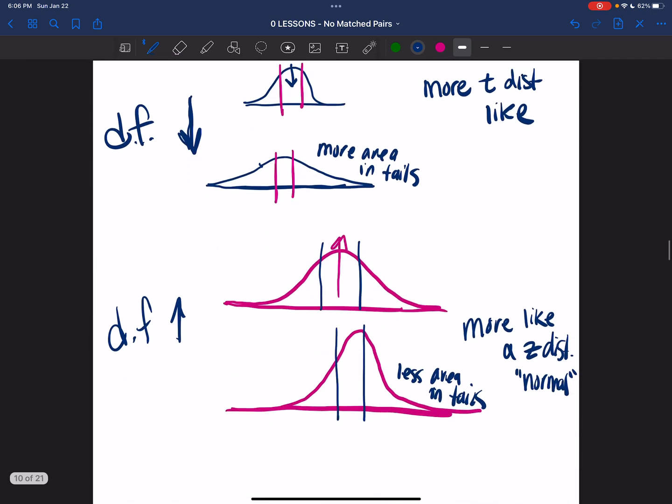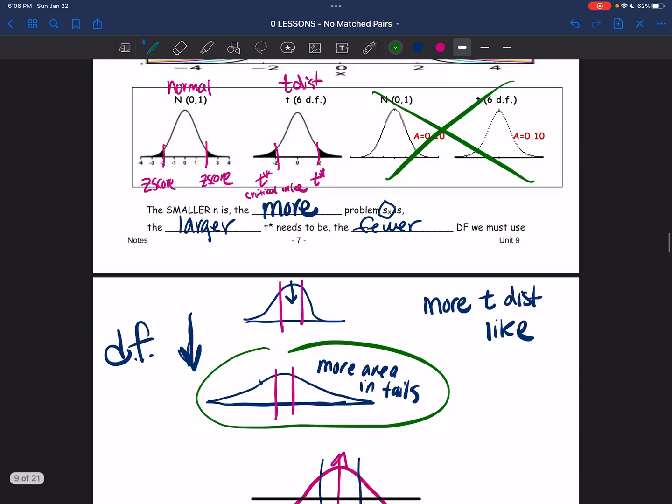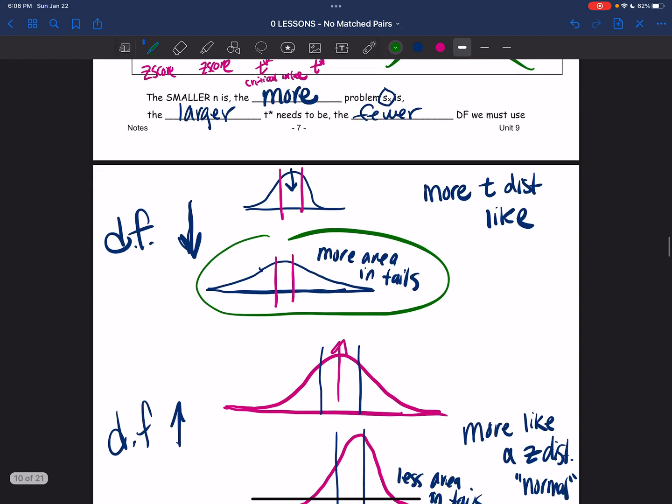So think about, I'll put this out here. If this is my t distribution here for a second, this little guy, it says the smaller n is, the more we'll have to correct. The fewer the degrees of freedom will be.